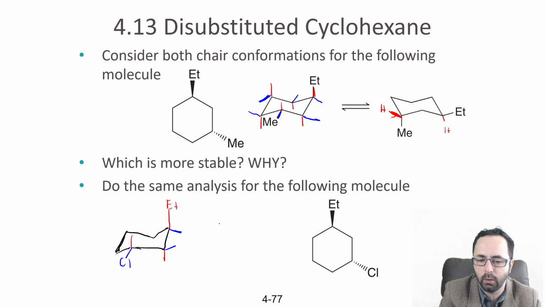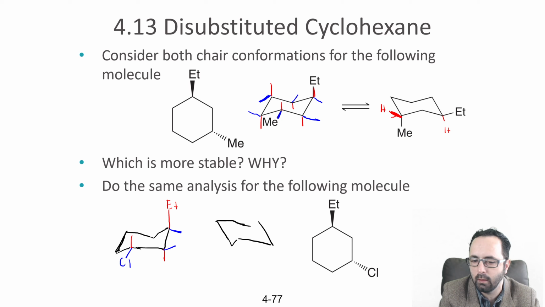So if we do a chair flip now, this will be up like that. Okay. We'll go like this. And then that. Okay. And now the chlorine will be, let's see, this is the atom, and that's now up, so the chlorine is right here.